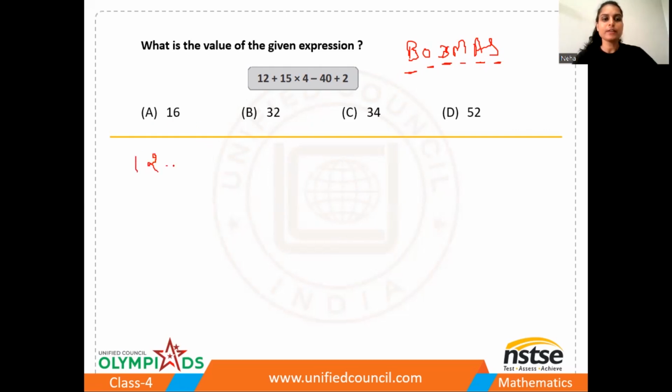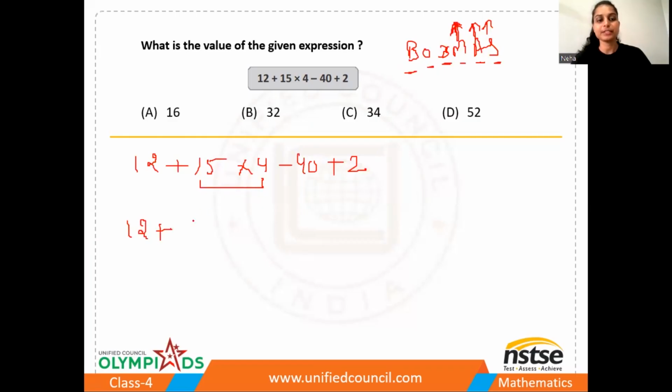So this is 12 plus 15 multiplied by 4 minus 40 plus 2. According to the BODMAS rule, first we solve the multiplication, so 15 times 4 is 60. Now it is 12 plus 60 minus 40 plus 2.